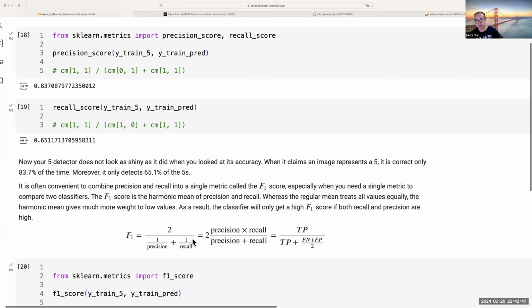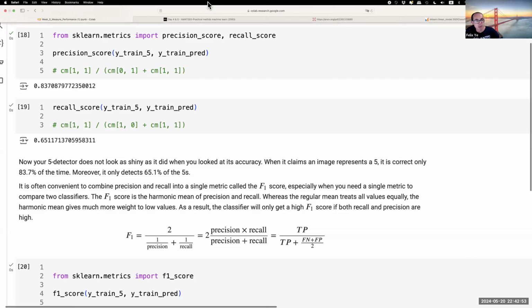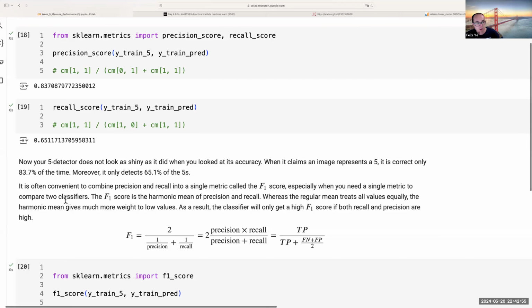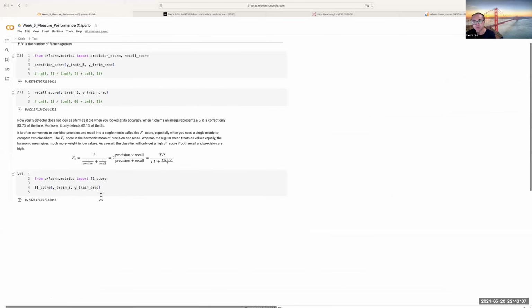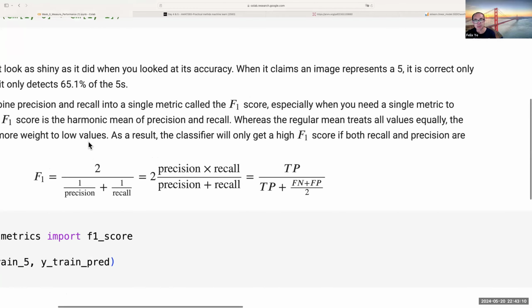You can think about it this way: the regular mean treats all values equally. However, the harmonic mean gives more weight to the lower values. So it gives more penalty if one of the values is low. This is used a lot as a result.